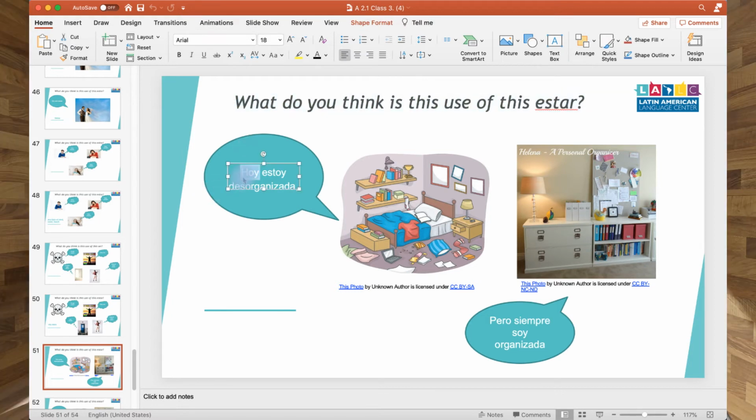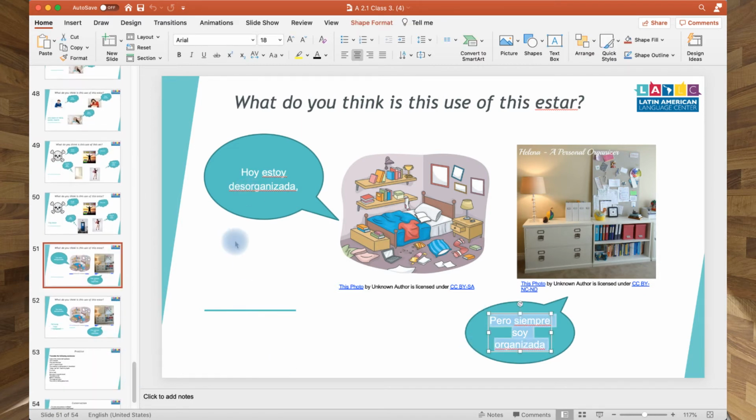Then, what do you think is this use of estar? For example, hoy estoy desorganizada, pero siempre soy organizada. So, this is the one that is temporal, like let's say all in all, I'm an organized person, but today I'm not. So I say, hoy estoy desorganizada, pero realmente soy organizada.